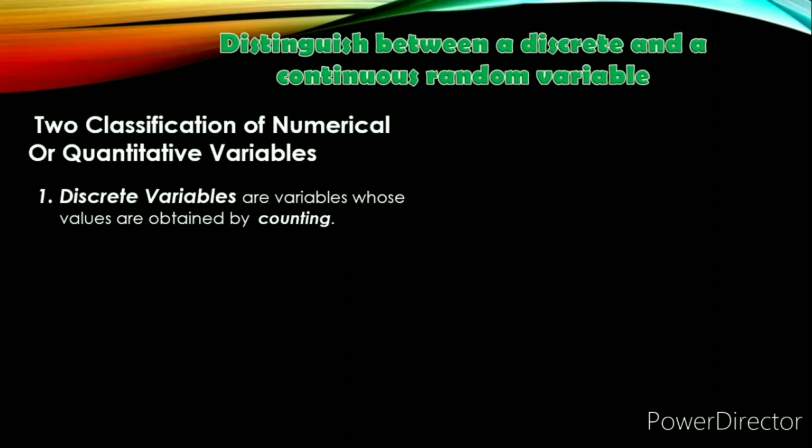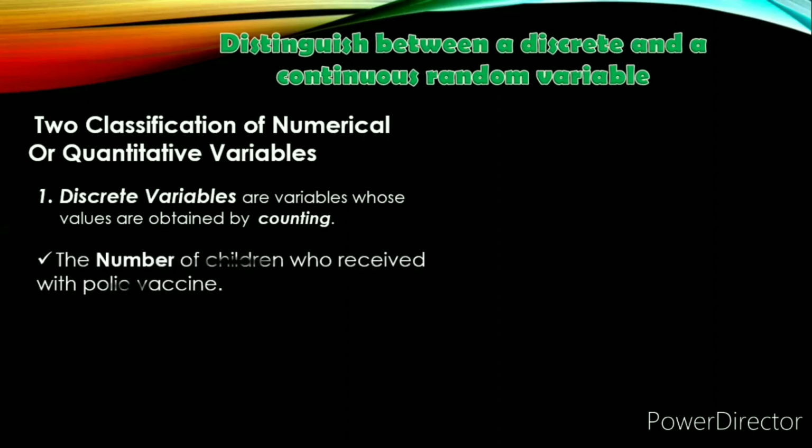When we talk about counting, we use the whole numbers 1, 2, 3, 4, 5, 6, and so on and so forth. The best example of a discrete variable here is the number of children who received the polio vaccine. This sentence is a good example of a discrete variable because it emphasizes the number of children who received the polio vaccine.